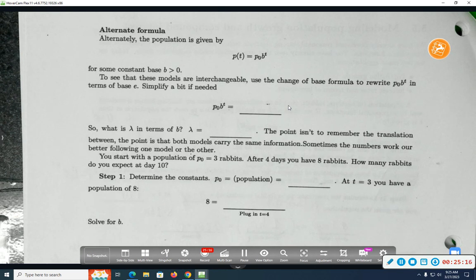So who remembers the change of base formula for exponential functions? No, it was a while ago.